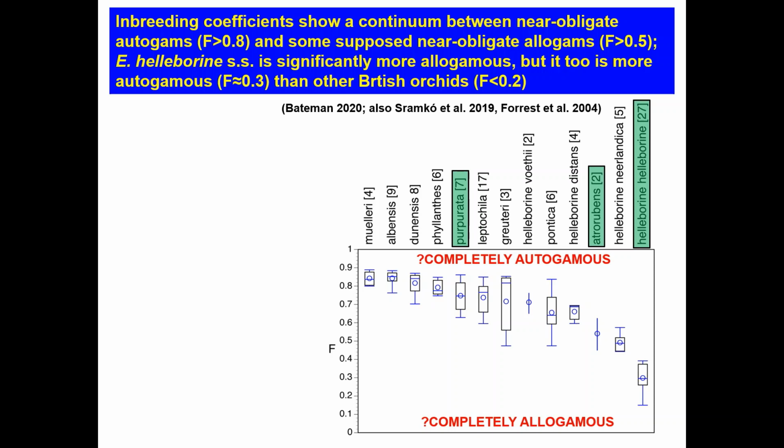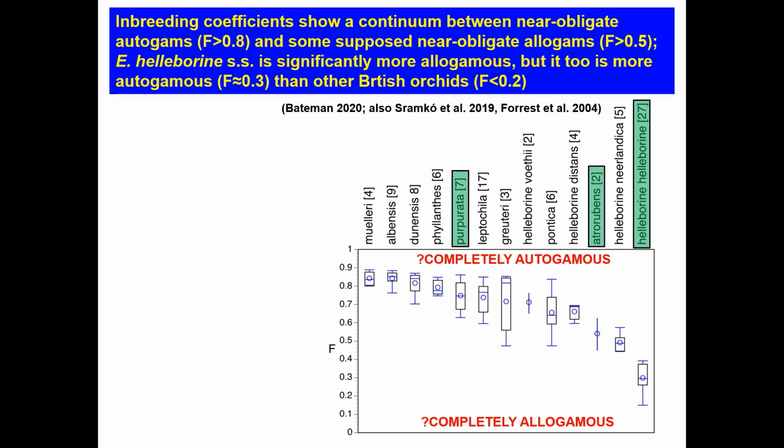So this supposed distinction between allogams and autogams isn't really holding up in the face of the genetic data that we've acquired. The autogams aren't quite as autogamous as one might have hoped, and the allogams are certainly nowhere near as allogamous as one would have predicted, with the arguable exception of Epipactis helleborine subspecies helleborine, over here on the right.